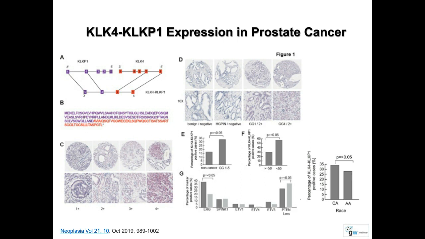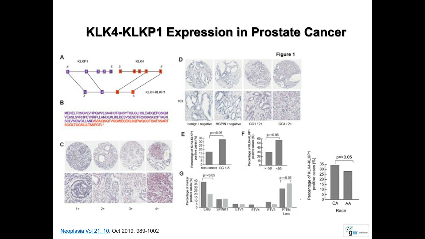How the RNAscope technology works, the technical aspects, will be described by Anushka Dikshit in the next presentation. After my presentation, she will explain how the probes are designed, how the specificity is ensured, and more details.